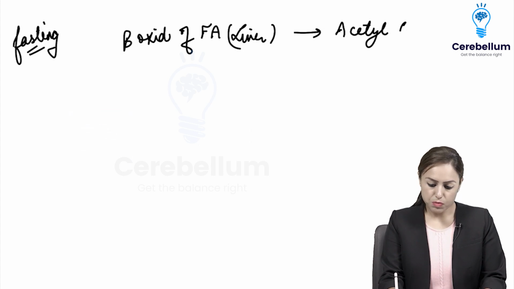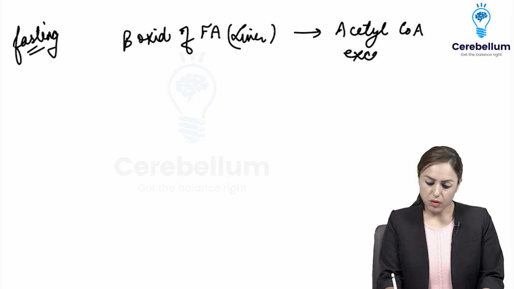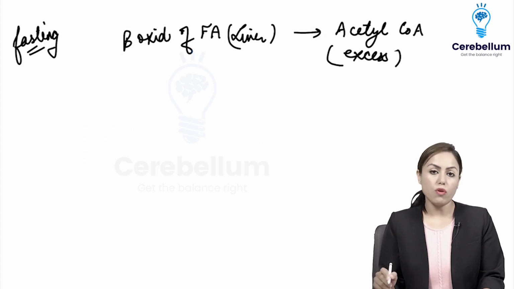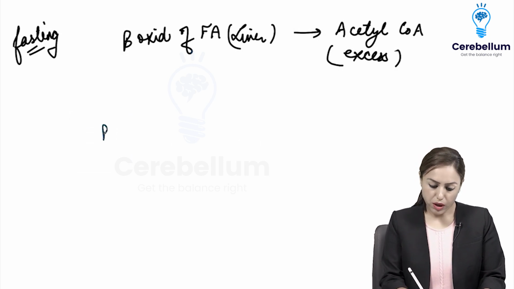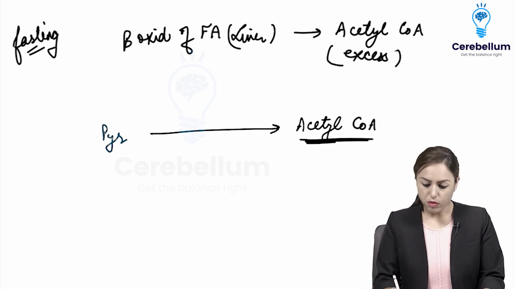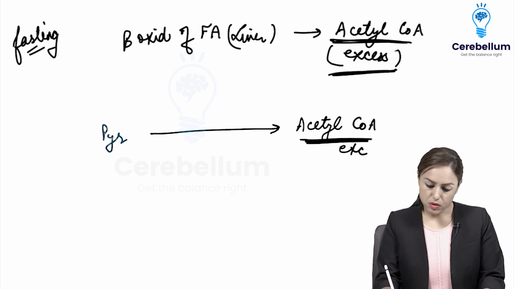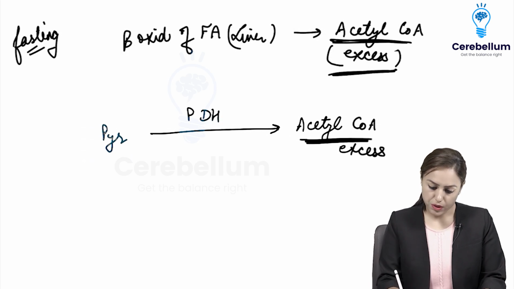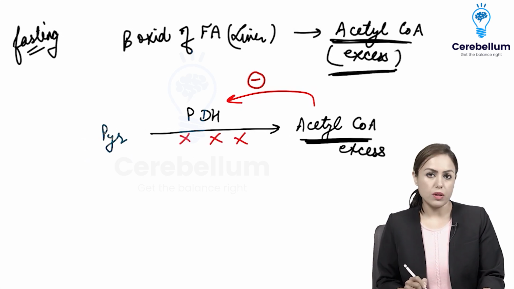The end product of this beta oxidation is acetyl-CoA, and in fasting, there is an excess of this acetyl-CoA present. So what will happen to the link reaction? The link reaction is pyruvate to acetyl-CoA, and the product of the link reaction is already present in excess. So this excess acetyl-CoA product will itself inhibit its enzyme and the link reaction will stop occurring.